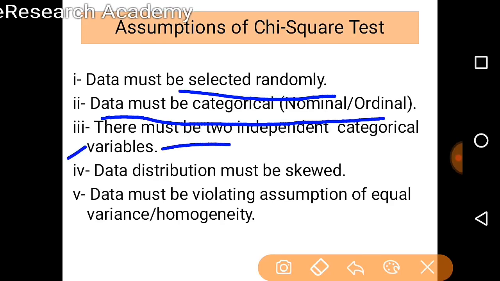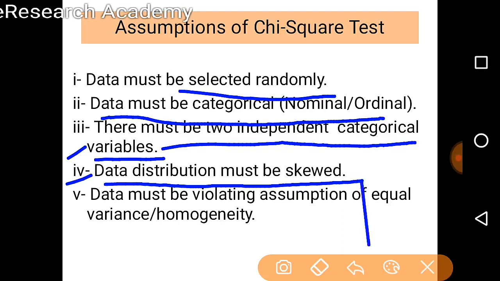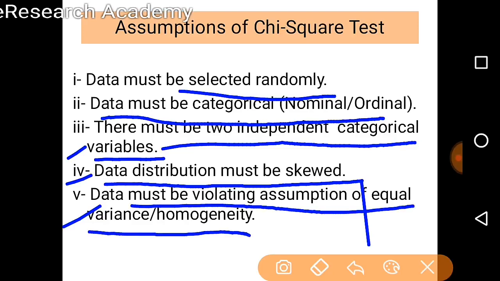Number 3, there must be two independent categorical variables, because it is a test of association between two independent categorical variables. The fourth assumption is that data distribution must be skewed, meaning it should not be normal. And the fifth is that data must violate the assumption of equal variance or homogeneity. These five are the basic assumptions while working with the chi-square test of independence.